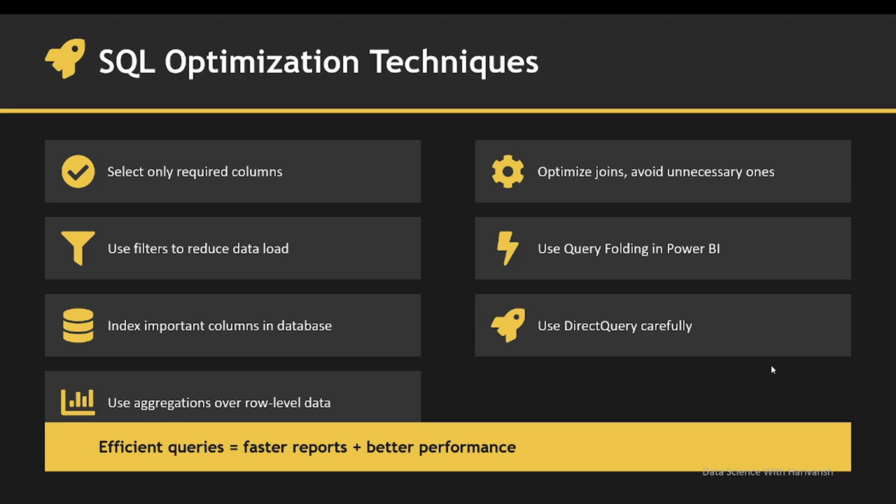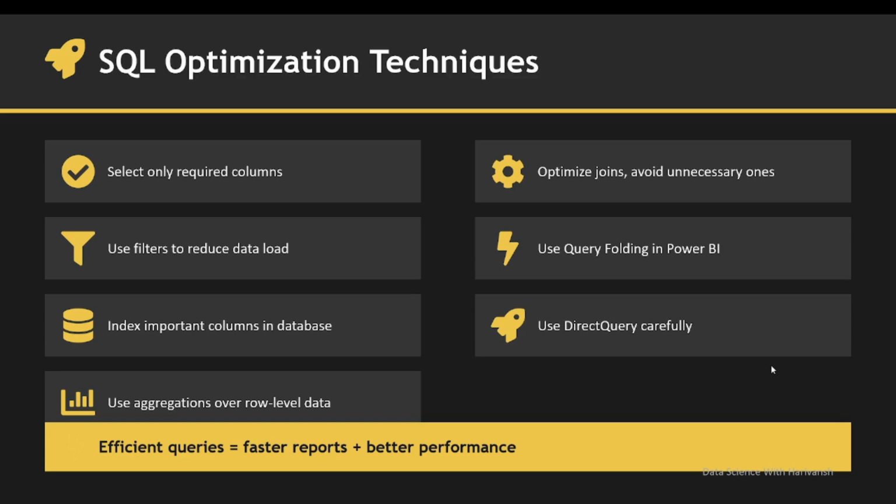For columns that are frequently used in where clauses, join conditions, or order by clauses in your Power BI queries, such as date columns, ID columns, or category columns, make sure those columns are properly indexed in the source database. A well-indexed database can make query execution times drop from minutes to seconds.